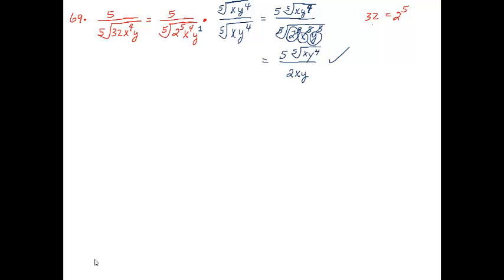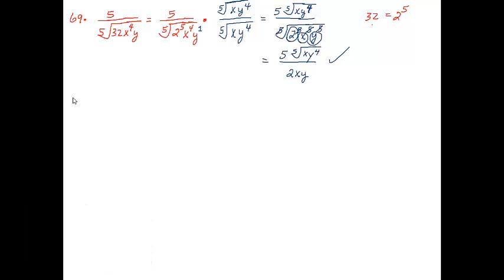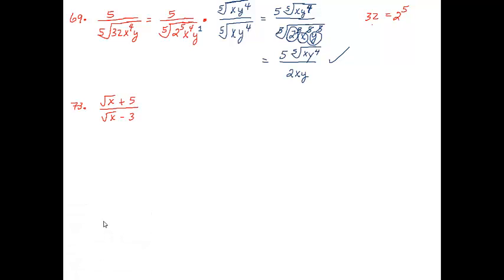Now on to number 73. Okay, 73. So now I have the square root of x plus 5 divided by the square root of x minus 3. Okay, and my instructions are still to rationalize the denominator.